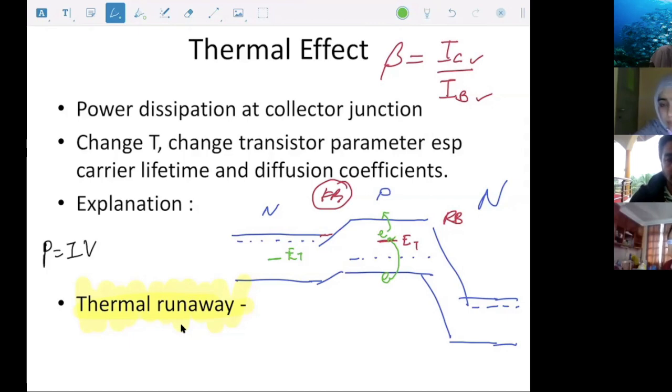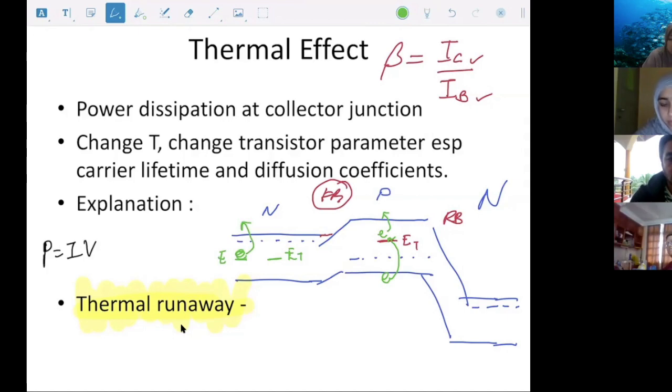Sometimes the trap is empty, but sometimes the trap is already full. It's already trapping something and it's stuck there, it doesn't go anywhere. But with temperature, with the thermal effect, this stuck electron can be re-excited.